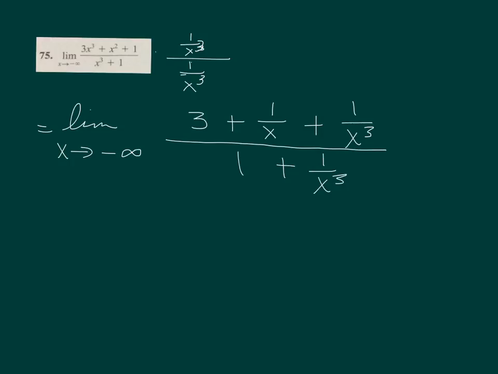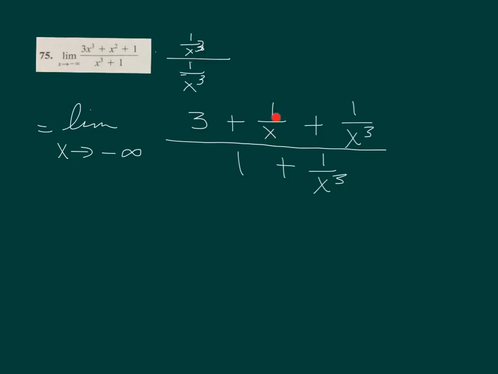Now it's easier to think about what happens when x approaches negative infinity. Positive infinity on this particular problem would work the same way. So we have 1 divided by negative infinity. Well, any finite number divided by either positive infinity or negative infinity is going to approach 0.